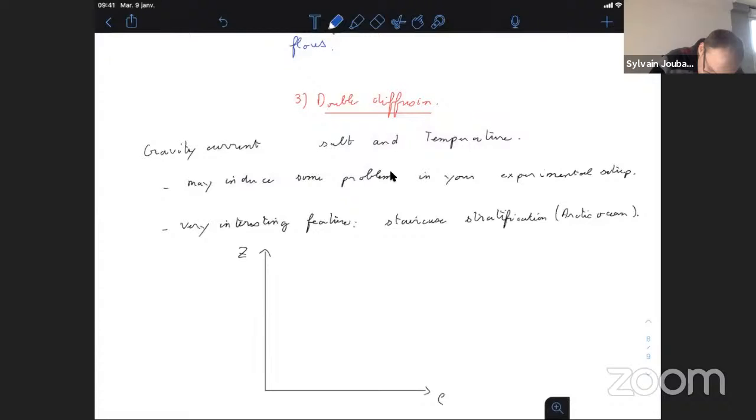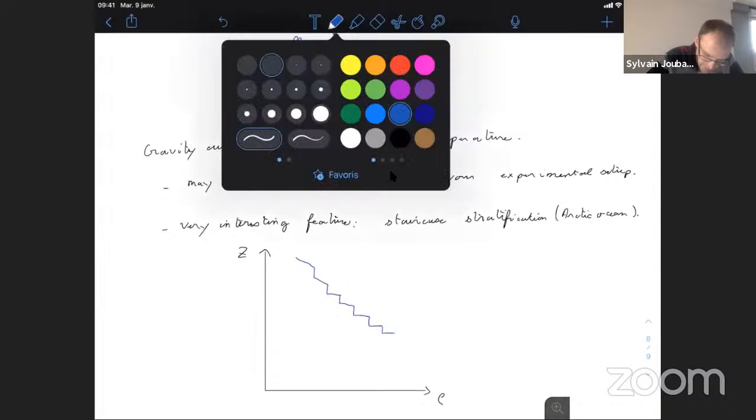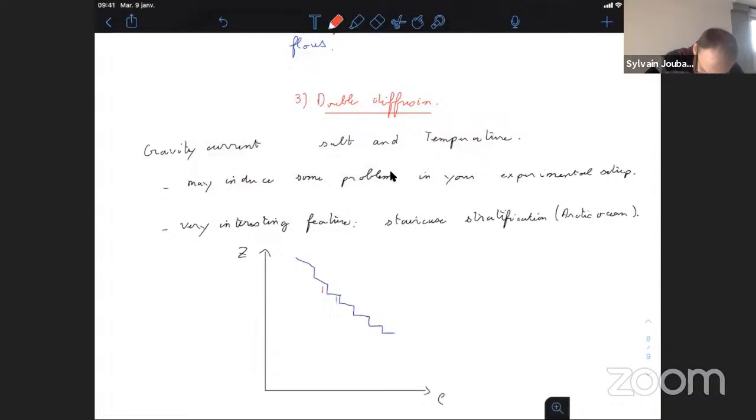So you have the stratification, you have a layer. You have a system like that. And you can see that in the ocean, and it's a system where here you have convection, and in the other layer here you have stable stratification.